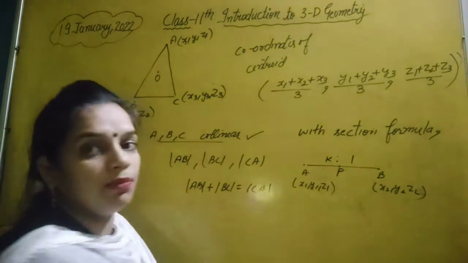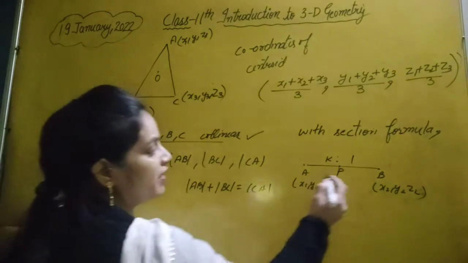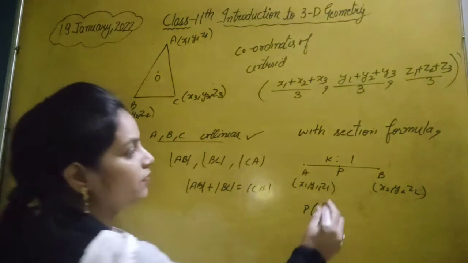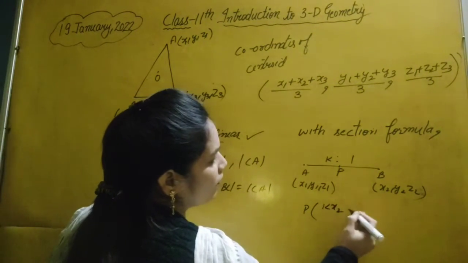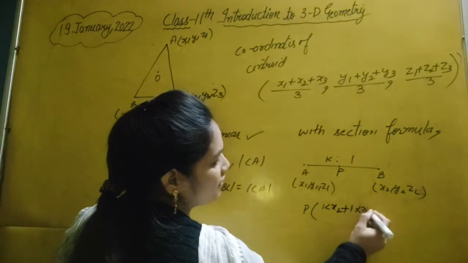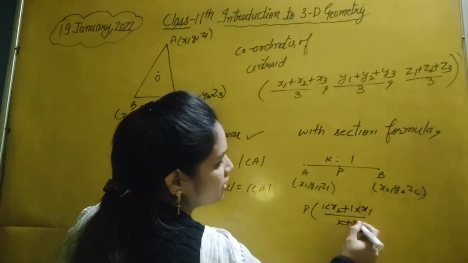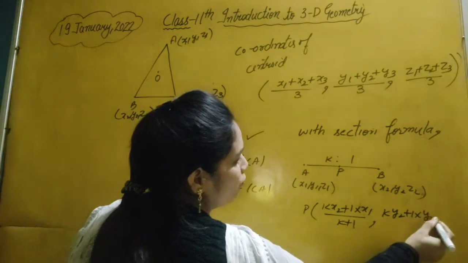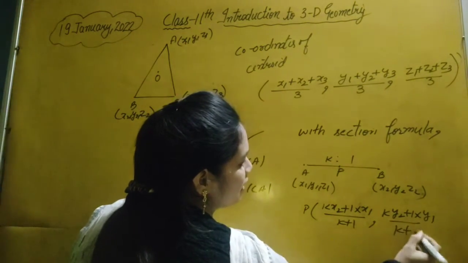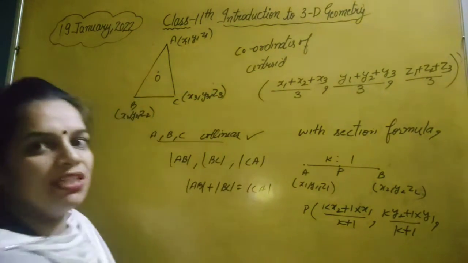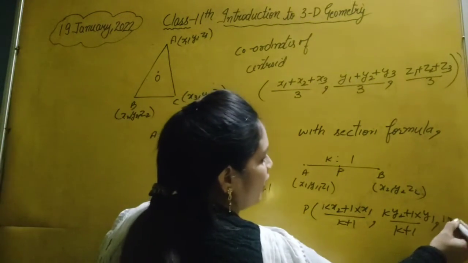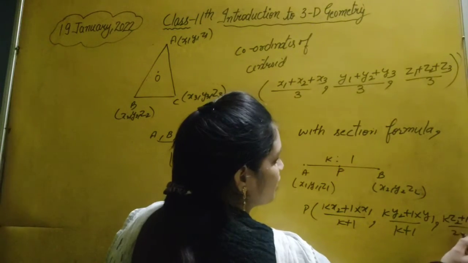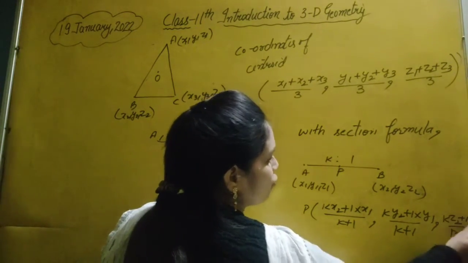Then, with the help of the section formula, we will find the coordinates of P. The coordinates of P will be (k into x2 plus 1 into x1) divided by the sum of the ratio, similarly (k into y2 plus 1 into y1) divided by the sum of the ratio, and its z coordinate will be (k into z2 plus 1 into z1) divided by the sum of the ratio.